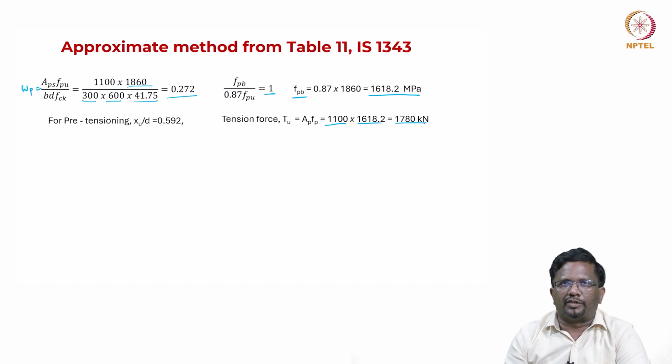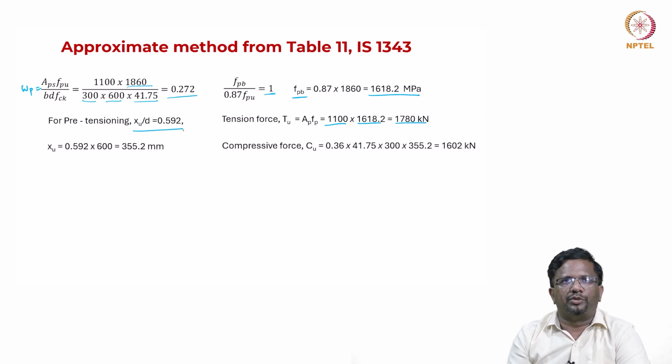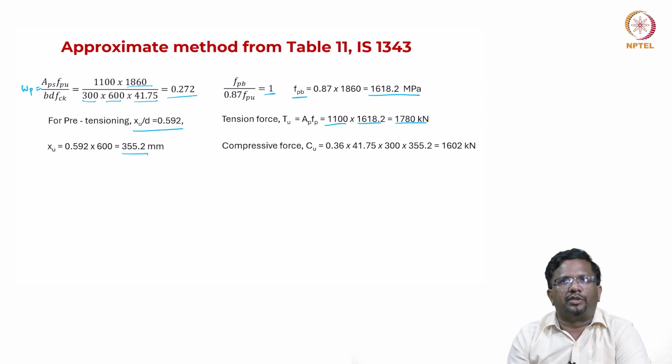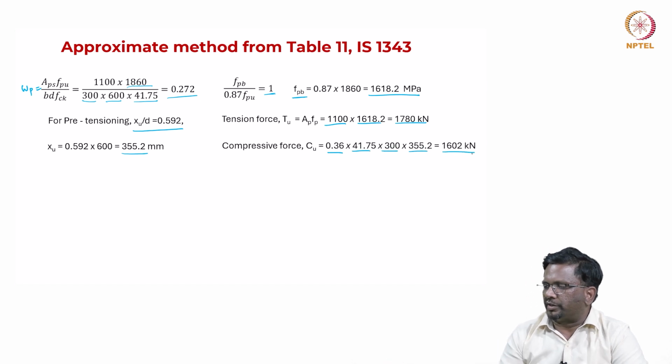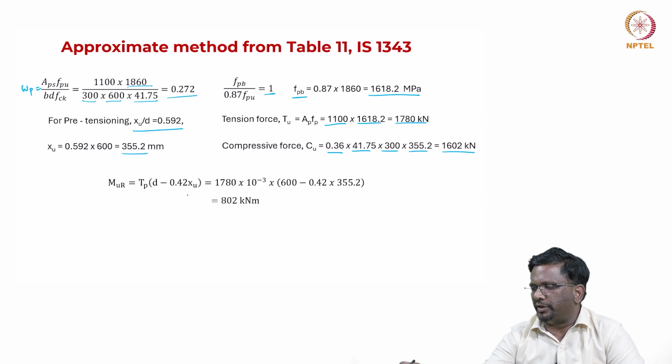And for pre-tensioning, we are also getting Xu by D equal to 0.592. So, Xu works out to be 355.2 millimeter, and compressive force is 0.36 FCK B into Xu. So, it works out to be 1602 kilonewton.